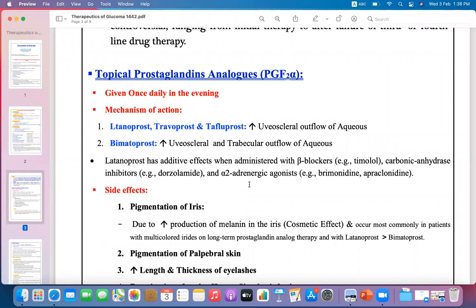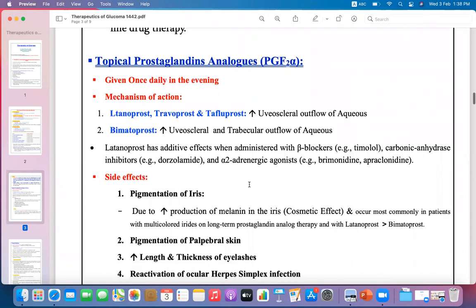Mechanism, as we discussed, all the drugs generally increase the aqueous outflow or decrease the aqueous formation. So mechanism of action: latanoprost, travoprost, and tafluprost increase the uveoscleral outflow of the aqueous, while bimatoprost increases the uveoscleral and trabecular outflow of the aqueous.